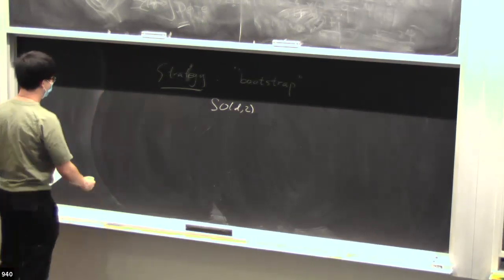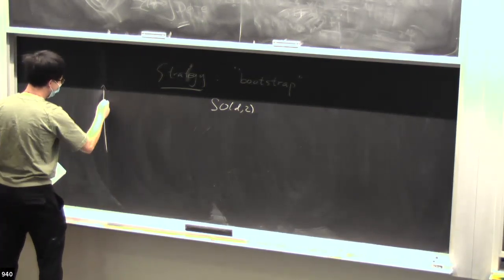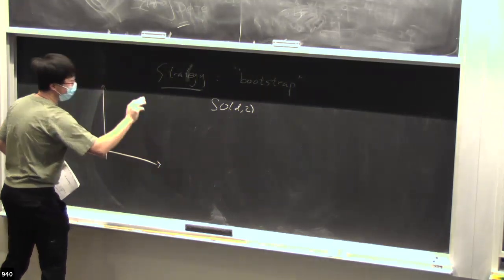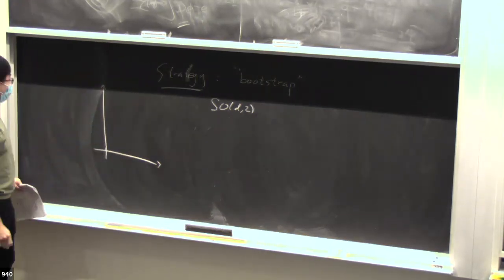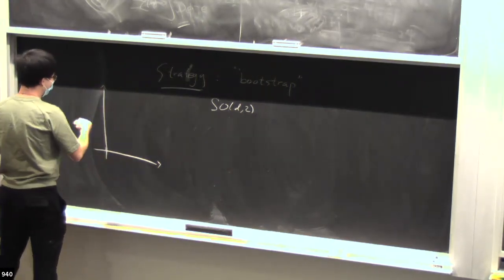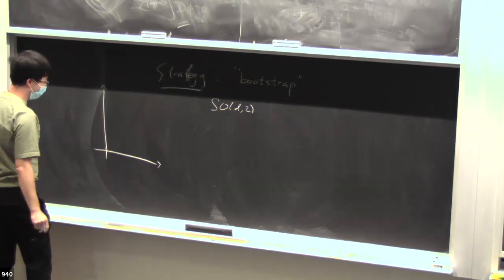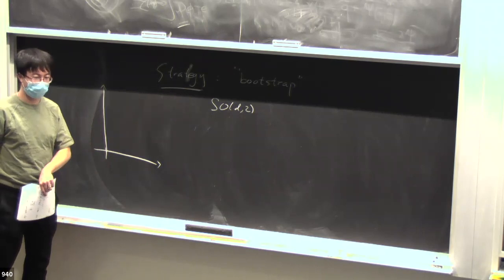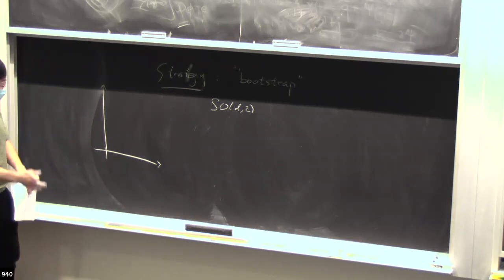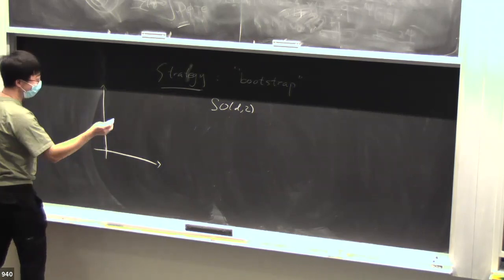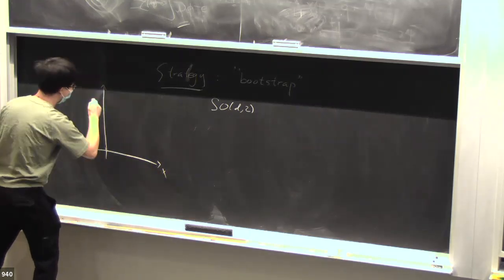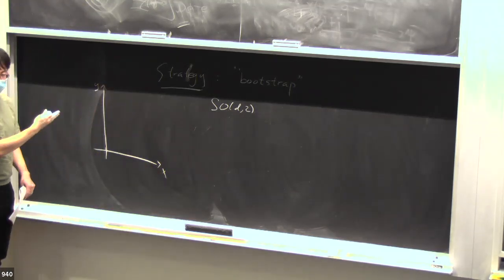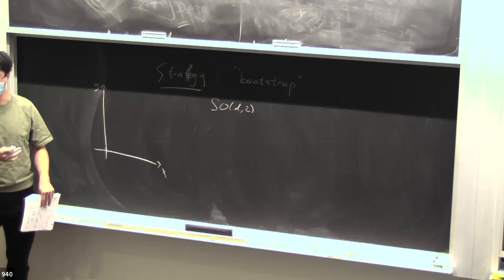For example, in the case of the examples I described over there, there's an exclusion plot you can derive by running this bootstrap program, just exploring the constraints of symmetry. The theory has two parameters, let me call them x and y. These are parameters that label the critical exponents.